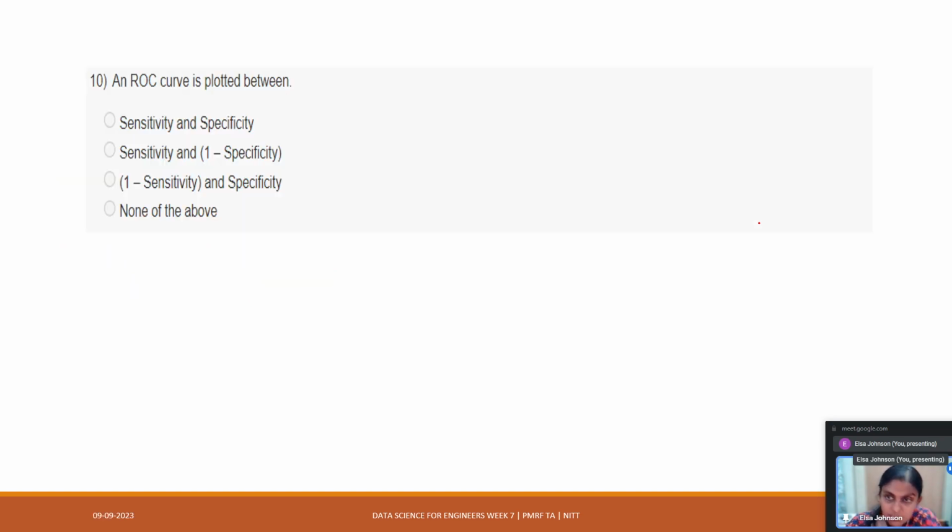An ROC curve is plotted between sensitivity and 1 minus specificity. Yes, that is true. It is plotted between sensitivity, SE, and specificity, like 1 minus SP.